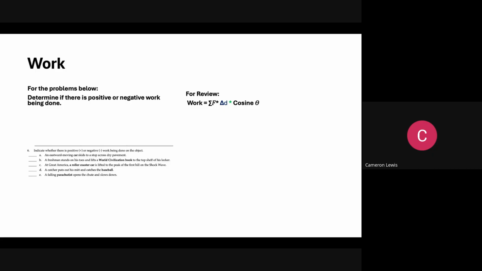So if some work was being done on that object that caused it to slow down and stop, I would say that work would be negative.